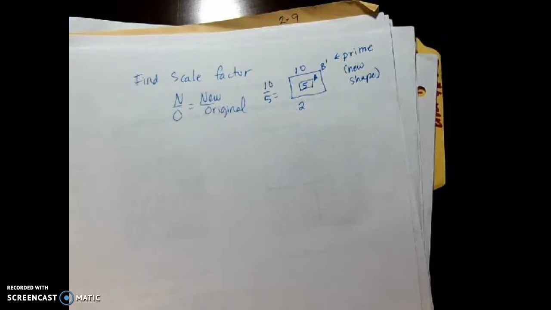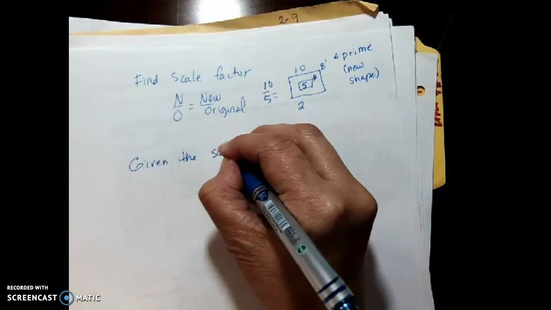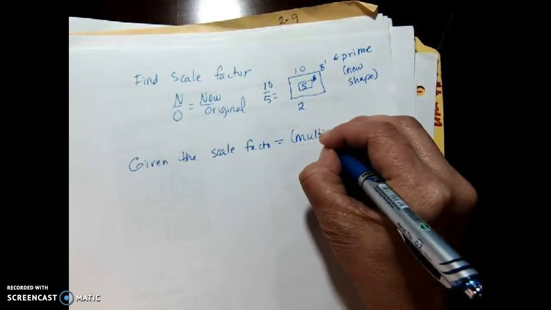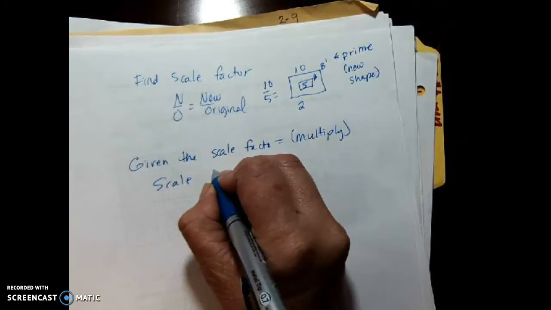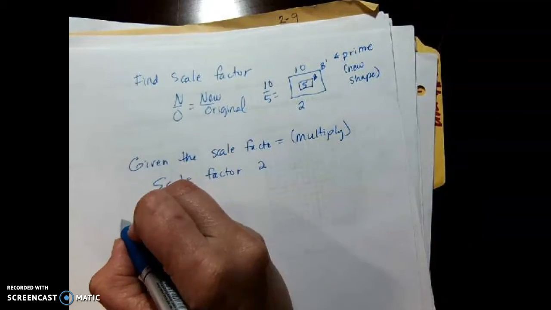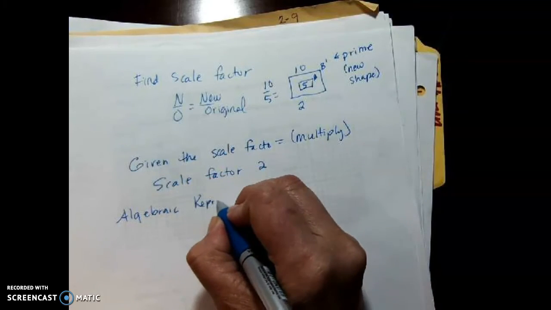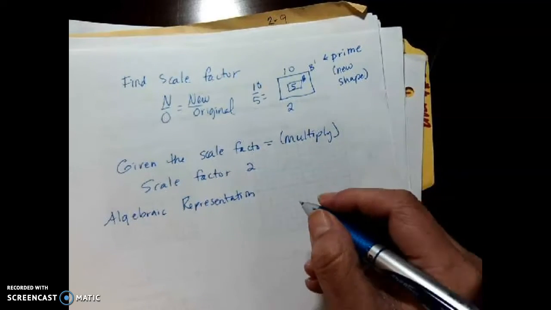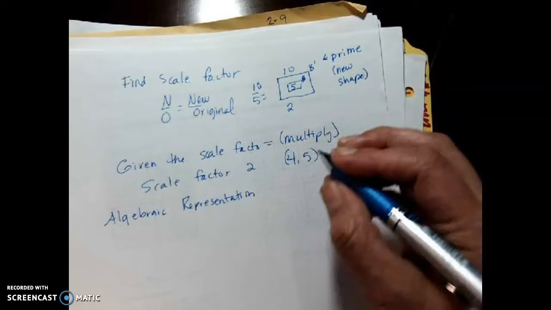Now we're going to be given the scale factor. Okay, we're going to multiply. So if I have a scale factor of 2, my algebraic representation is going to be, let's just say the coordinates are 4 and 5.